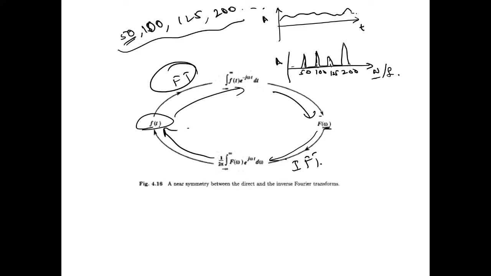After you perform the Fourier transform, you will get a signal something like this. Wherever the constituent frequencies of your signal are present, at those locations you will get the peaks.